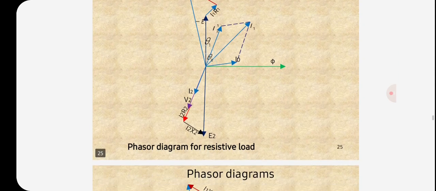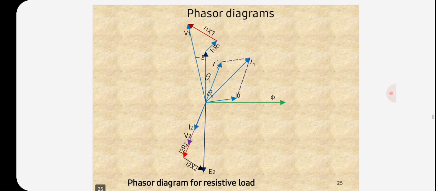This is the phasor diagram for resistive load. The flux is taken as the reference on the x-axis, and it is common to the primary side and secondary side. On the y-axis, minus E1 is upwards, and E2 and V2 are downwards.